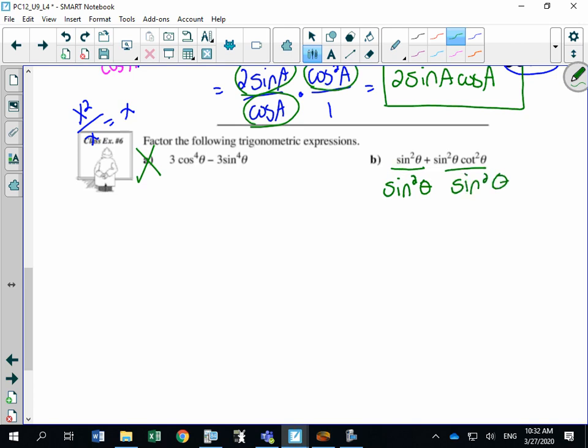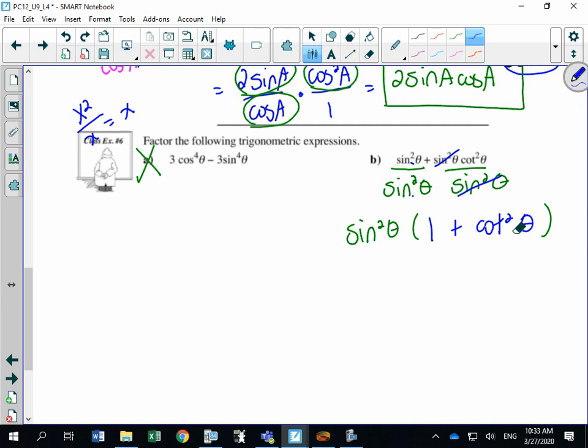I could factor that out. So that goes in front of my bracket, and the answer goes in my bracket. Sine squared theta divided by sine squared theta is equal to 1 plus, that would cancel, and I'd be left with cotan squared theta.